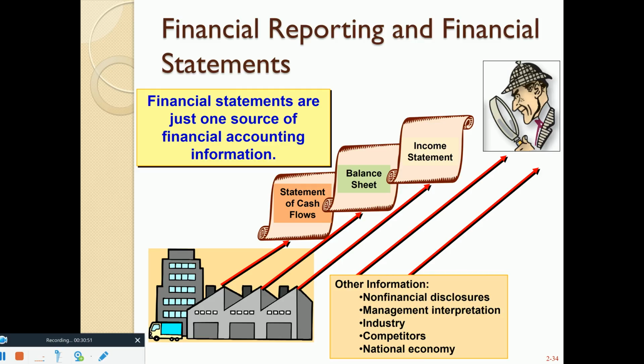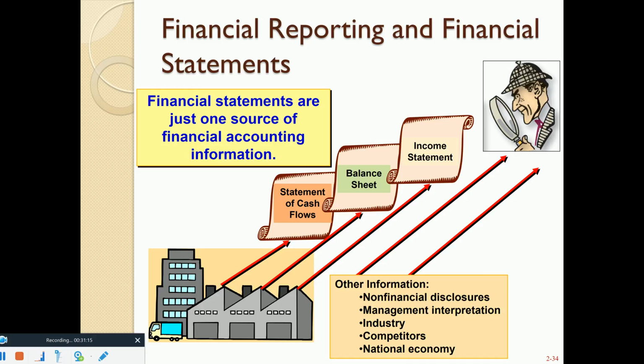Okay, financial statements are really good. They show the financial picture of the organization. But this slide is basically saying there's a lot of non-financial information that is really, really important as well. Management's interpretation of the financial statements is important. Industry standards.